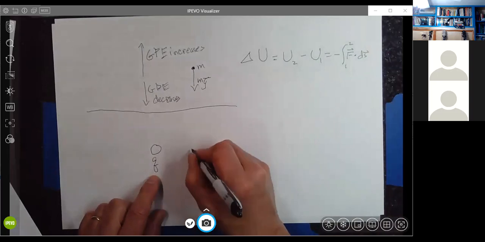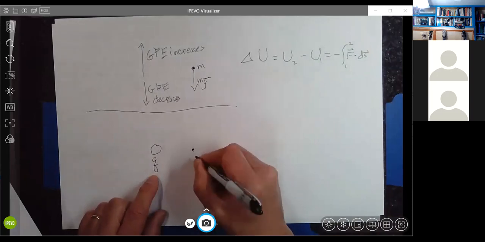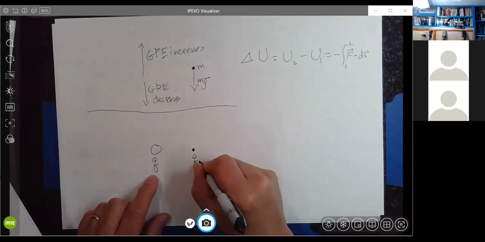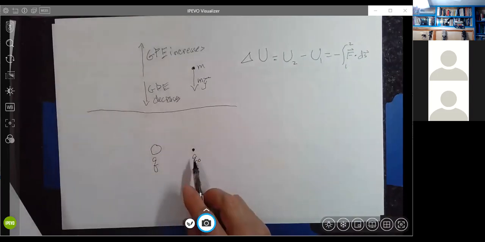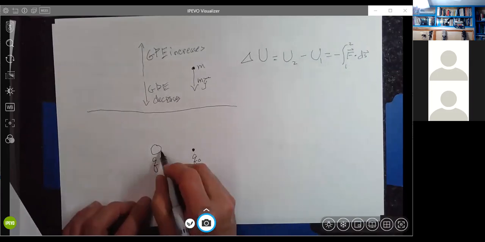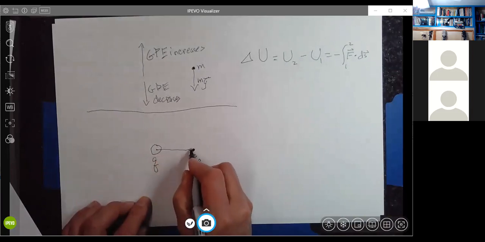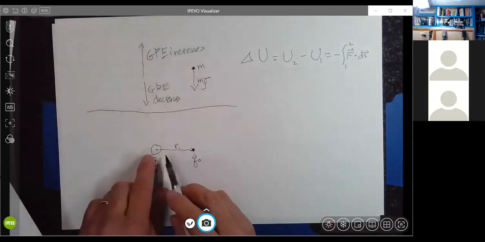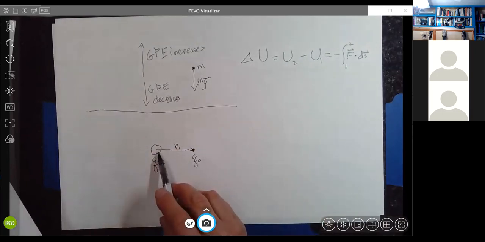And then we have some other sample charge, or a test charge, as it's often referred to, that we'll call Q naught. Q naught might just be something like a proton. We're going to imagine that we start off with this Q naught a distance R1 away from the center of this charge distribution.